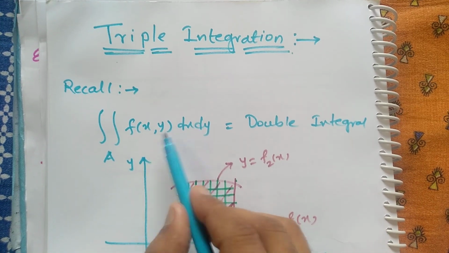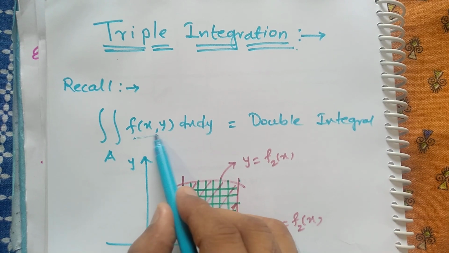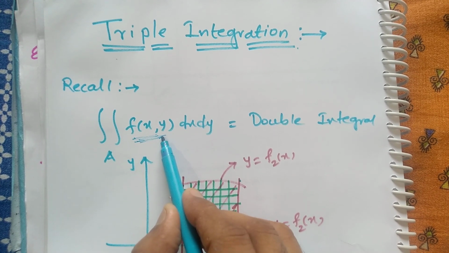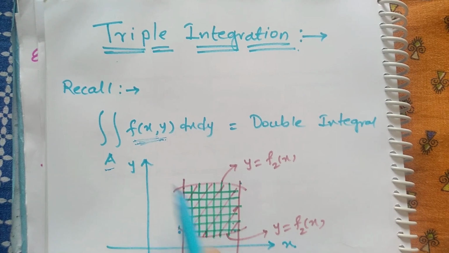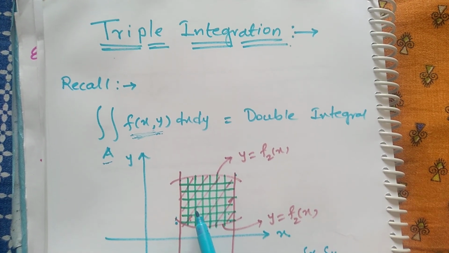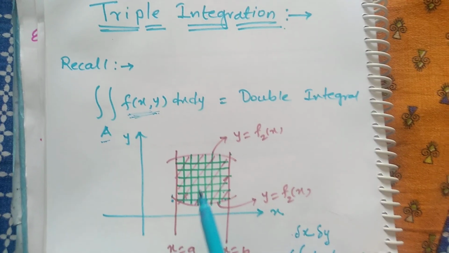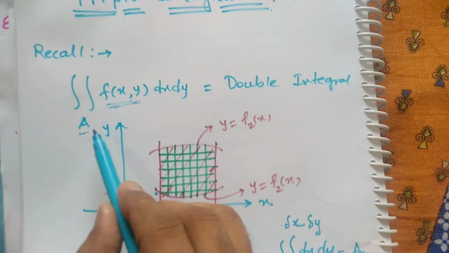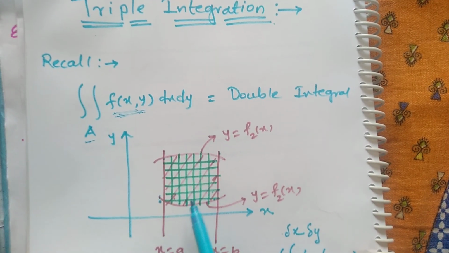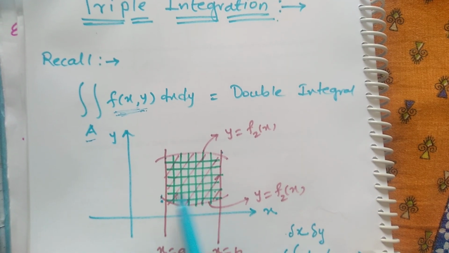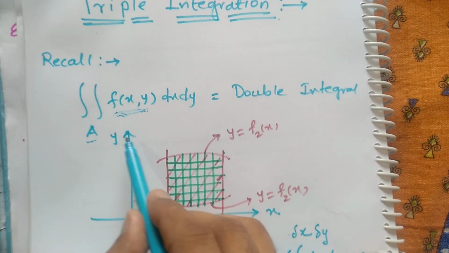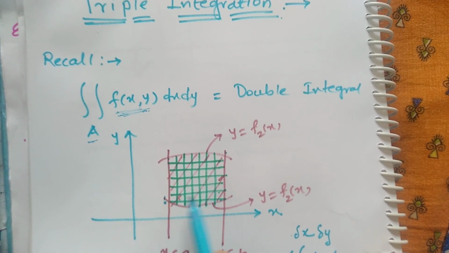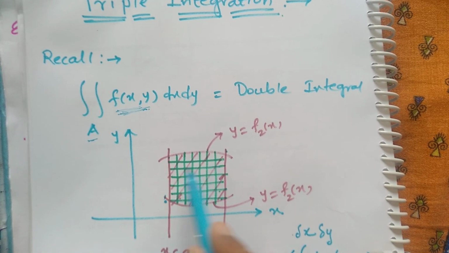In double integration, the function we are integrating is a function of two variables, and we integrate it over an area in the two-dimensional plane. While discussing the geometrical meaning, we plotted this area and broke it into a number of rectangles by drawing vertical lines parallel to the y-axis and horizontal lines parallel to the x-axis.